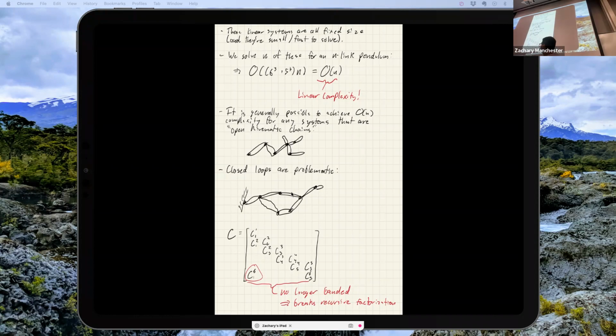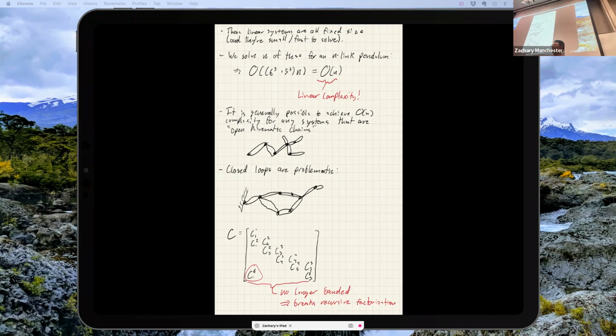I'll do my factorization that we just talked about until I get to the nasty closed loop block. I'll do the nice linear time thing until I get to the closed loop block, and then kick out of this special factorization and do a more generic dense matrix factorization on the block that's left that has the closed loop part.